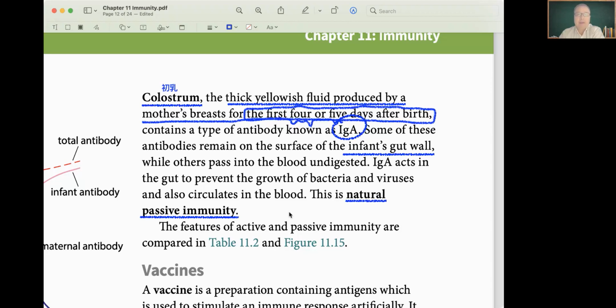Just as the textbook says, in the first 4 or 5 days, the IgA from the new mommy will protect the newborn baby.